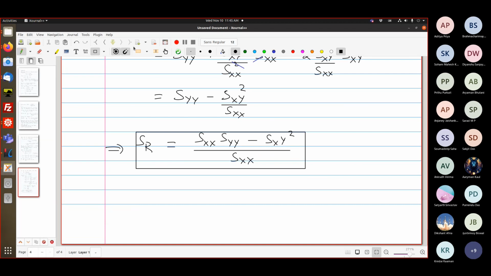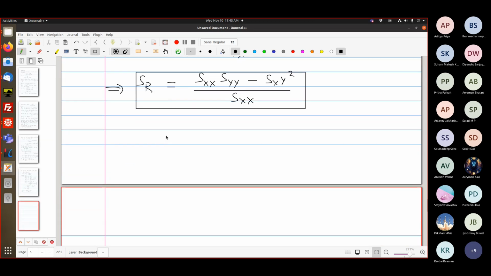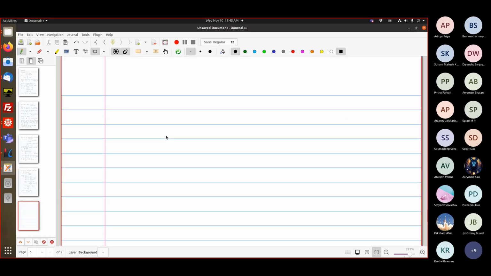Now let's talk about the inference problem. We want to do hypothesis testing for our parameters.